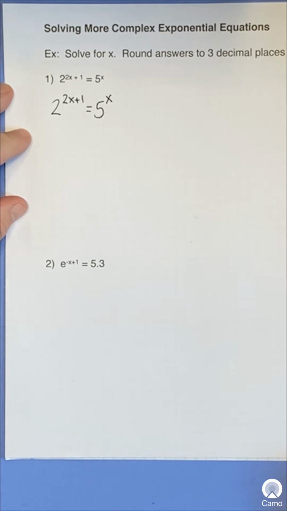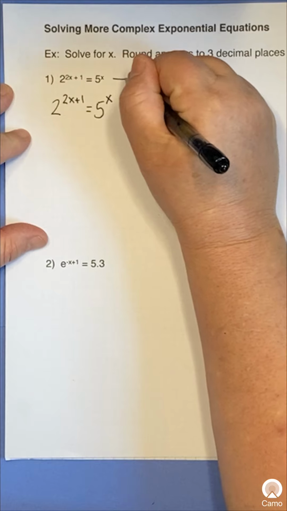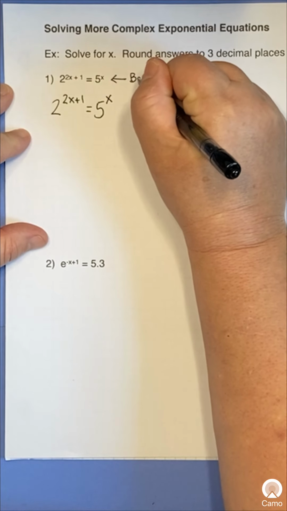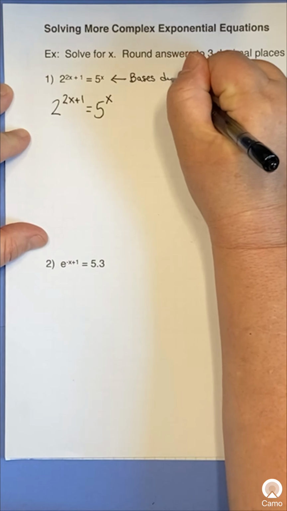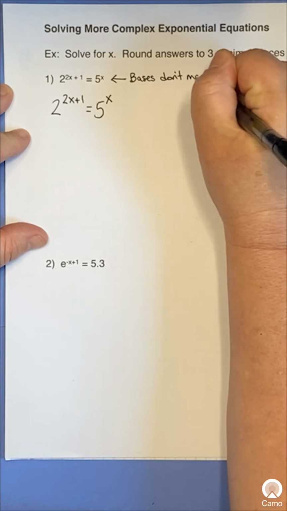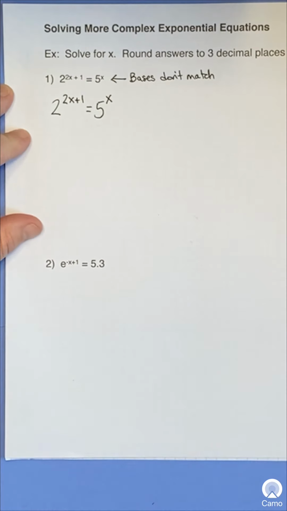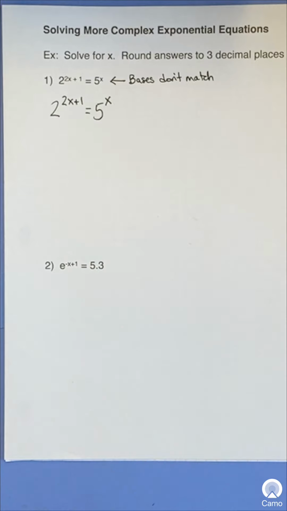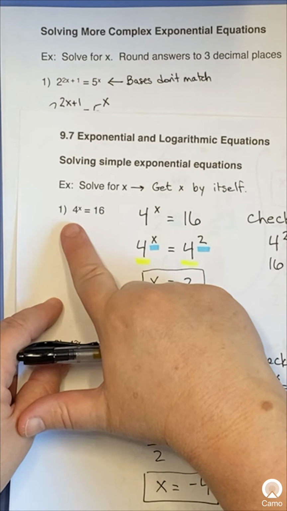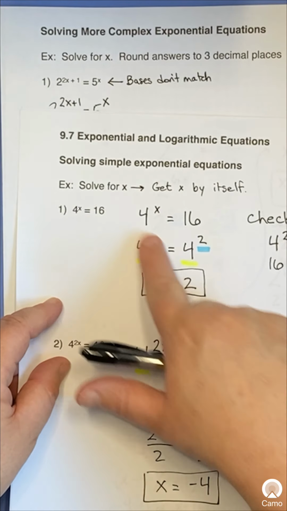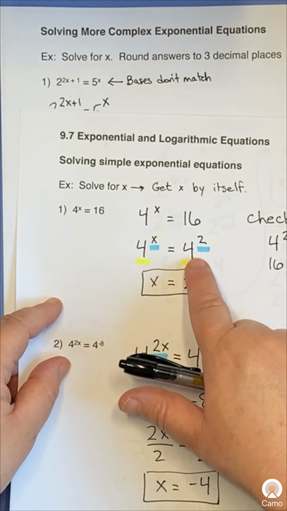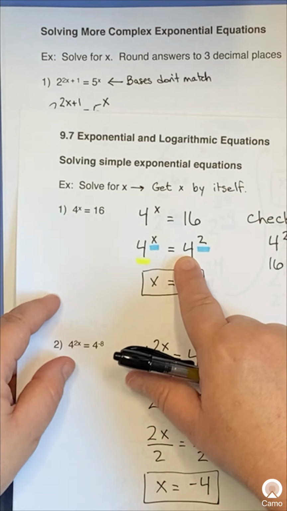Okay. So you notice that the bases don't match. And I'm going to make a point of that right here. If the bases don't match. And you could point out, you could say, wait, the bases didn't match here. And the answer was yes, but we could make 16 into something that's with a base of 4.